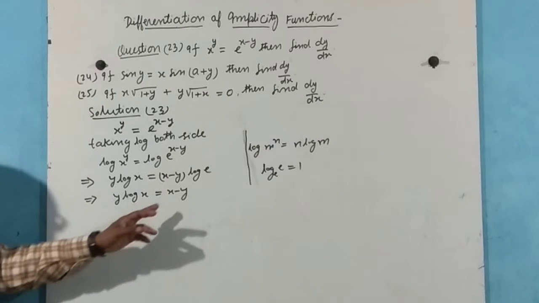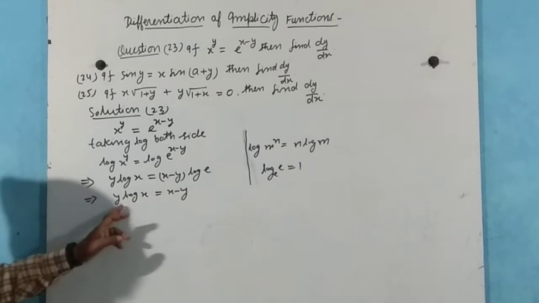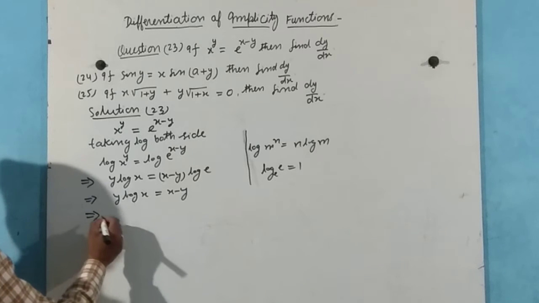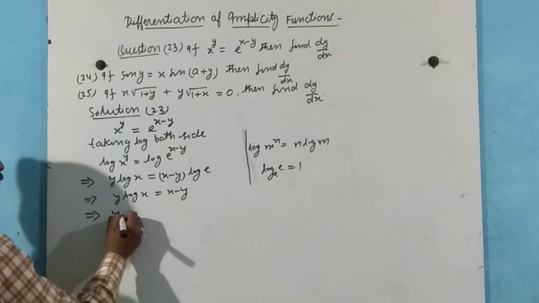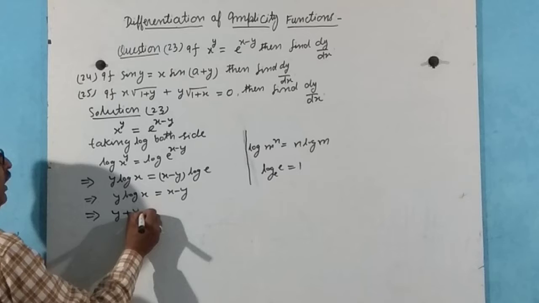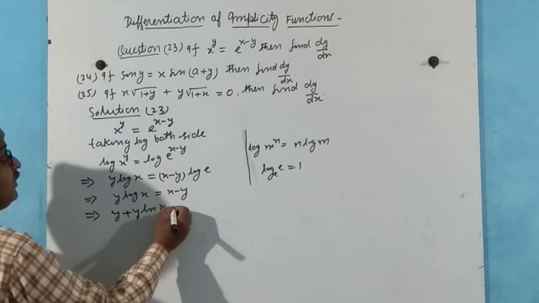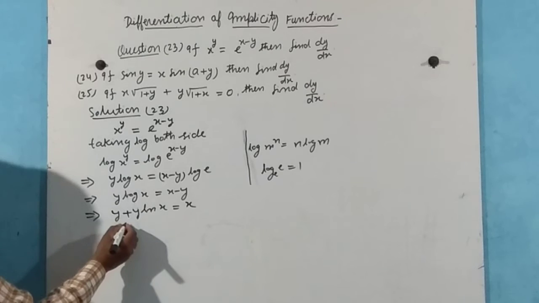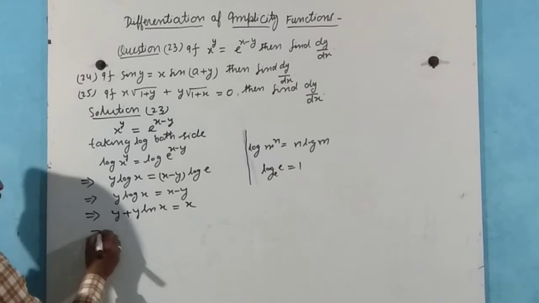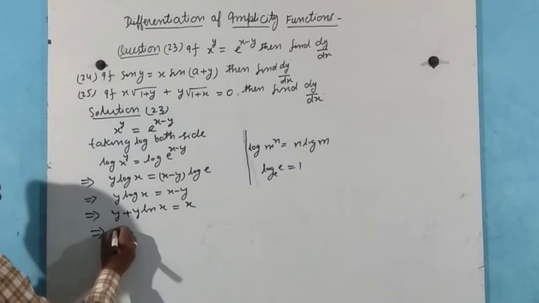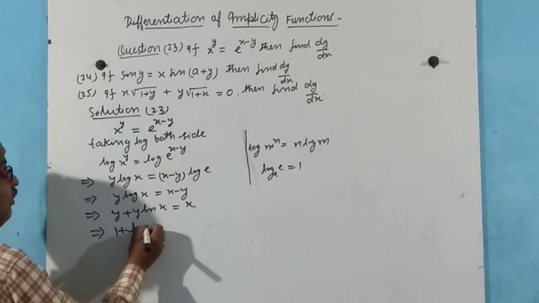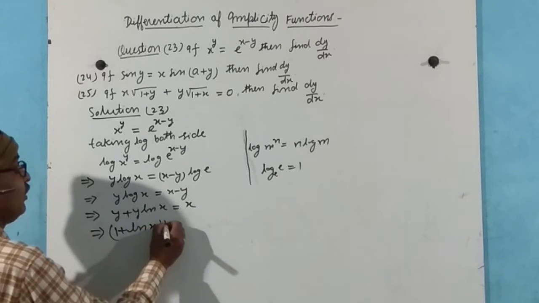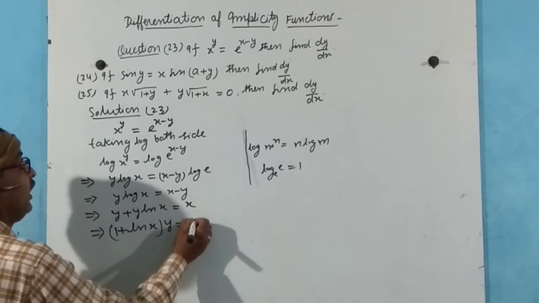Now this y transfer here, y plus y log x equal to x, and now taking common y here, y into 1 plus log x equal to x.